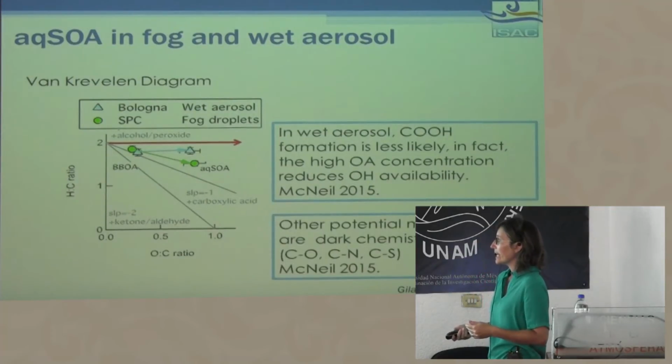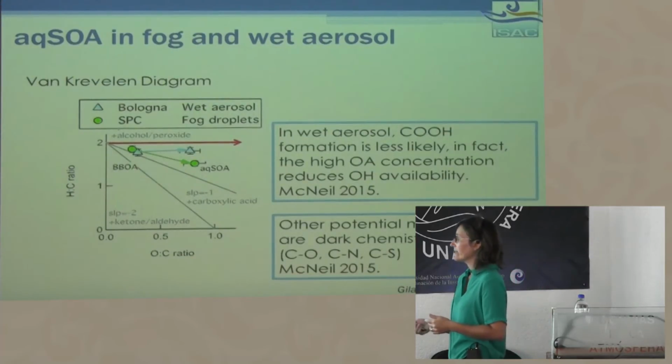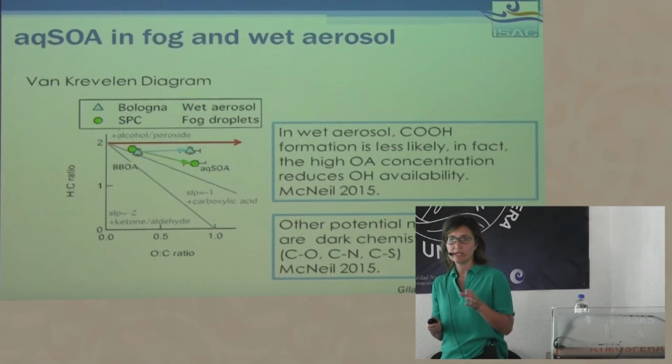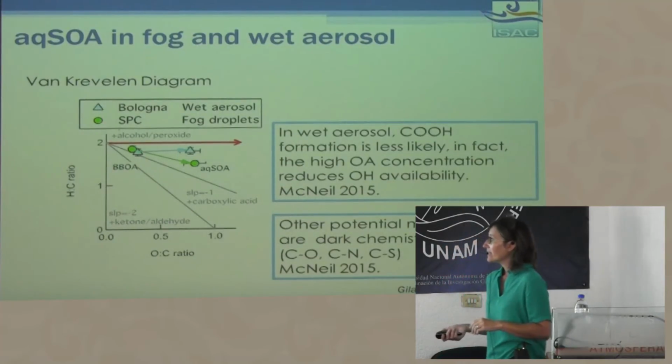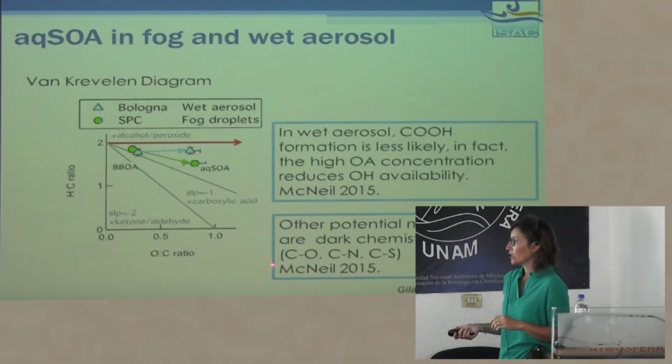The mechanisms that have been proposed in the literature are dark chemistry reactions. That means reactions that do not need photochemistry radical formation, but reactions that might lead to the formation of carbon-oxygen bonds, carbon-nitrogen bonds, and carbon-sulfur bonds.